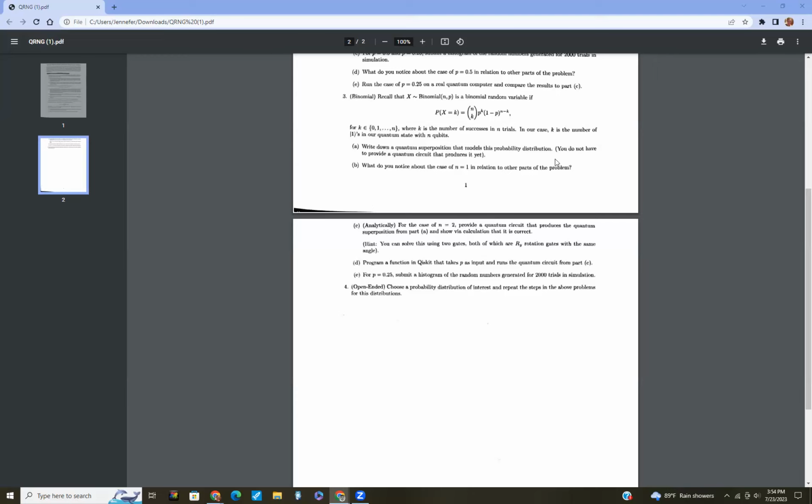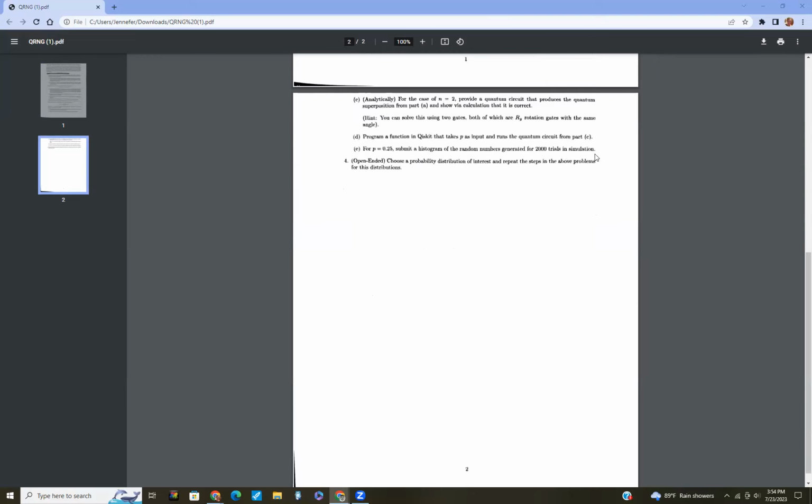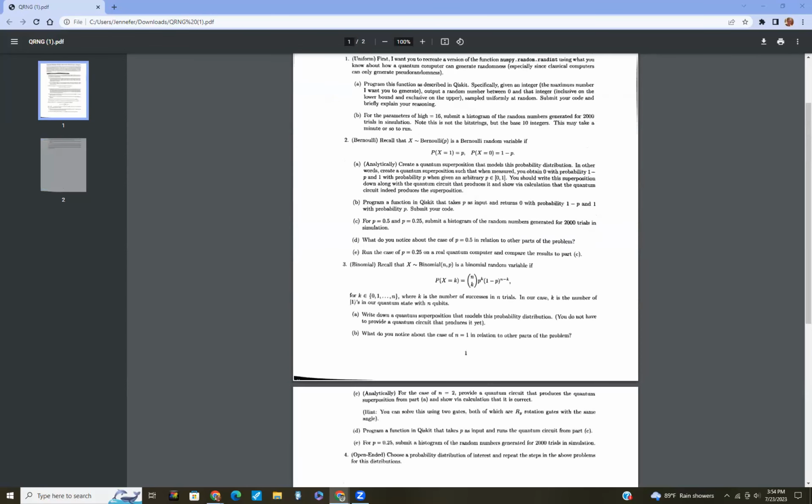Okay, so your candidates are Benford's law and, what was the other choice you mentioned? I was thinking maybe a discrete Gaussian, but I'm not fully sure about that one. Yeah, that's true.